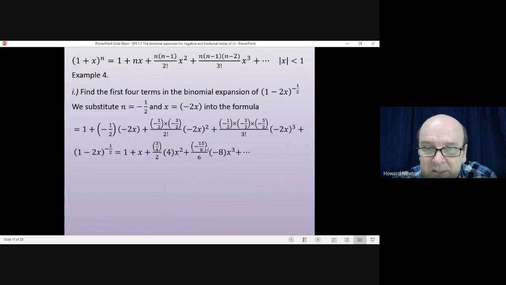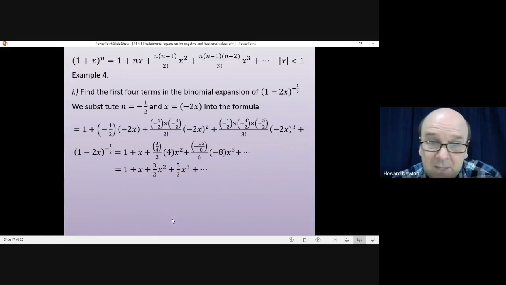Multiplying these 3 brackets together gives me that. And then it is just simplifying things. So putting that in the calculator, you should get 1 plus x. This all simplifies to 3 over 2x squared, and this all simplifies to 5 over 2x cubed. That's the first part of the question.